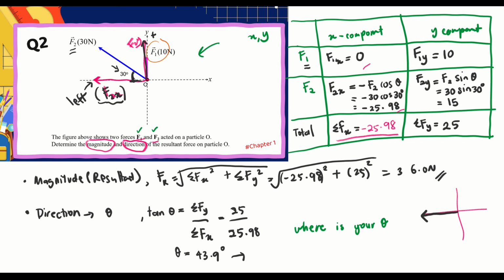And for y-axis, it is positive, so it is upward. So your resultant force is somewhere around here. Your angle here is supposed to be above the negative x-axis. So that is the answer for direction. Thank you.